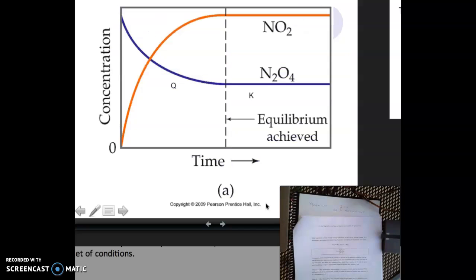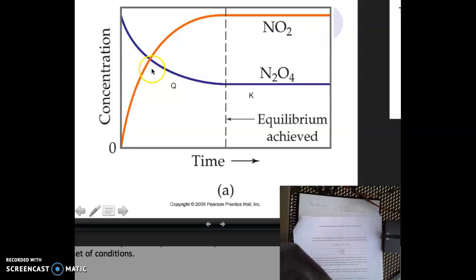On our graph, we've worked a good bit with this particular reaction, the equilibrium between the dark reddish-brown NO2 gas and the colorless N2O4 gas. We start with all N2O4 and no NO2, and we reach equilibrium at this dotted line at some point after the reaction has been initiated.